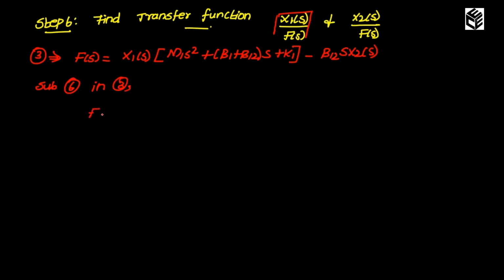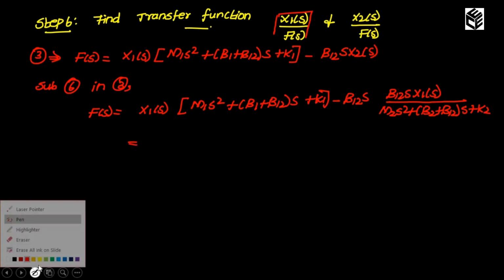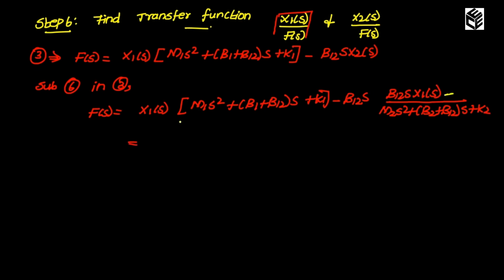So what is the answer? F(s) is equal to X1(s) into (m1 s² + (b1 + b12) s + k1) minus b12 s into X2(s), that is b12 s into X1(s) divided by (m2 s² + (b2 + b12) s + k2). So from this equation, I am going to take X1(s) as a common factor and multiply this denominator with the numerator to have the same denominator.